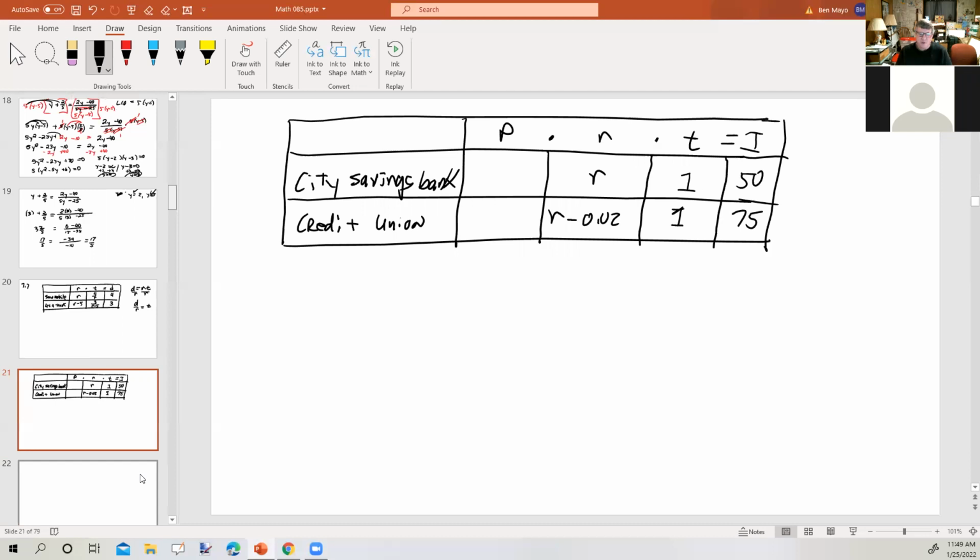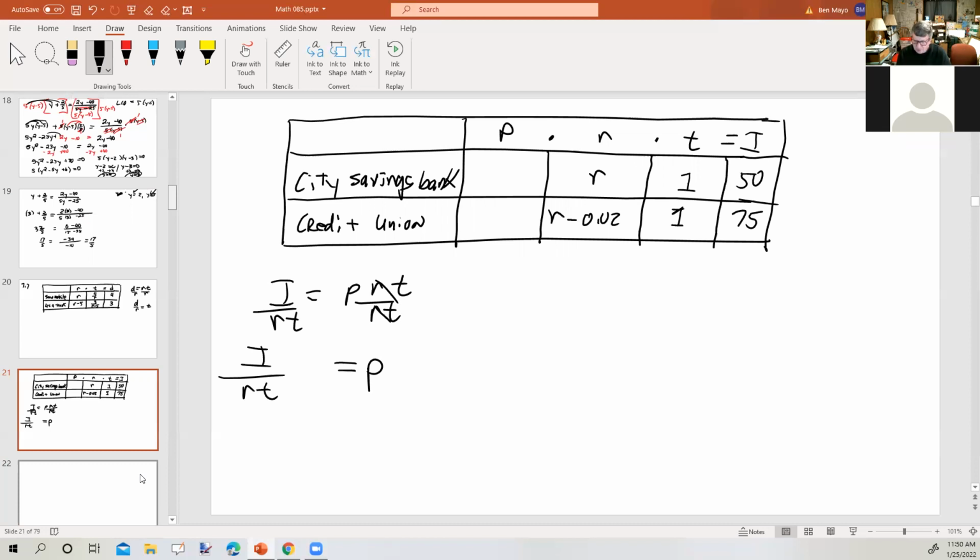Okay, so we're using the formula I equals PRT. I is interest, P is principal, R is the annual interest rate, and time is the time in years. And we're trying to solve for P. So if I equals PRT, if we divided both sides by RT, wouldn't P equal I divided by R times T?